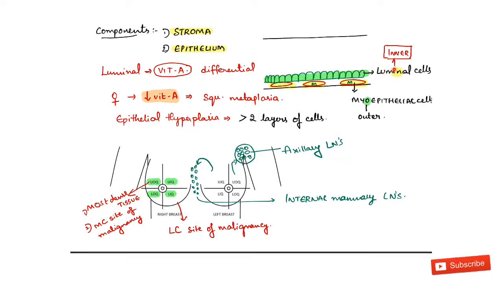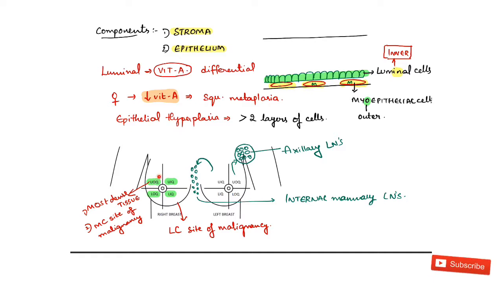Luminal cells are made up of specialized columnar epithelial cells. Luminal cells need vitamin A for differentiation. When a female has decreased vitamin A or a deficiency, it may undergo squamous metaplasia. When there are more than 2 layers of cells, it is known as epithelial hyperplasia.